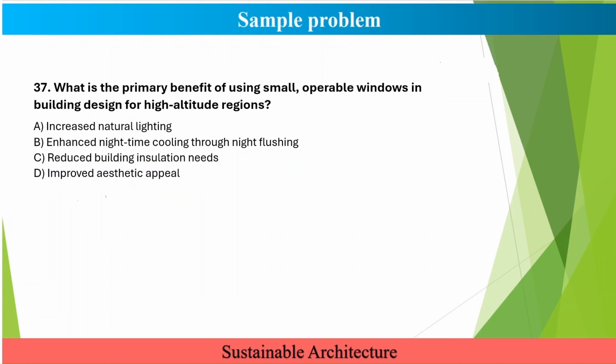What is the primary benefit of using small operable windows in building designs for high altitude regions? Question number 37. Reducing building insulation needs.